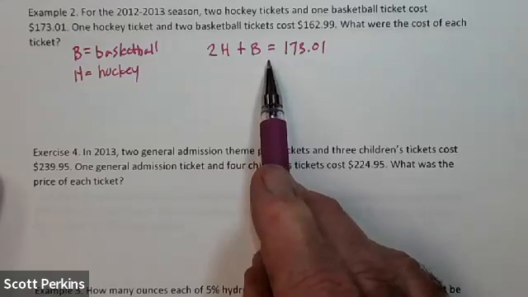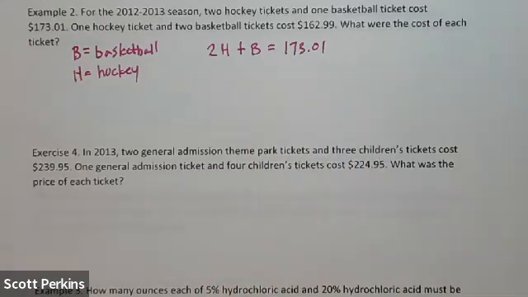Perfect. The next equation comes from the second sentence, which says 1 hockey ticket and 2 basketball tickets cost $162.99. What is that equation going to be?